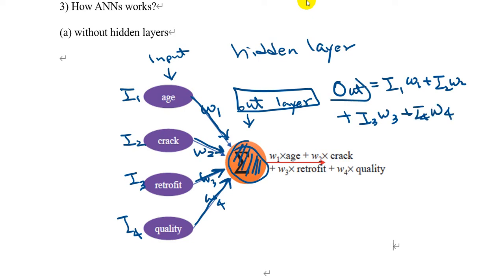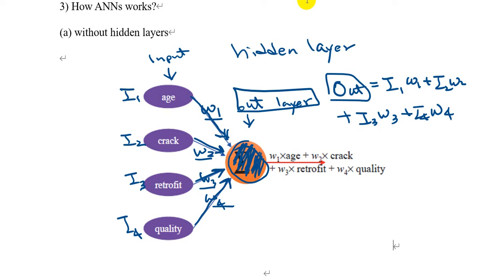This is how we calculate the value in the circle based on the arrows, the straight lines toward that circle. This is very simple. Once we know the weights W, we can calculate the neural values right there. But the problem is we don't know W1, W2, W3, W4.